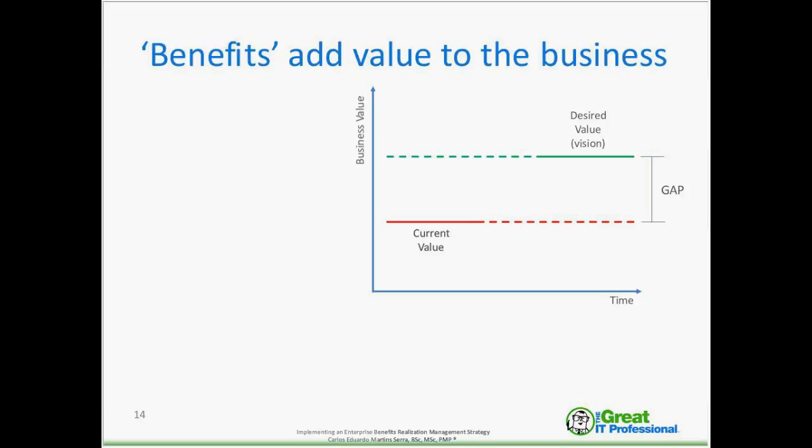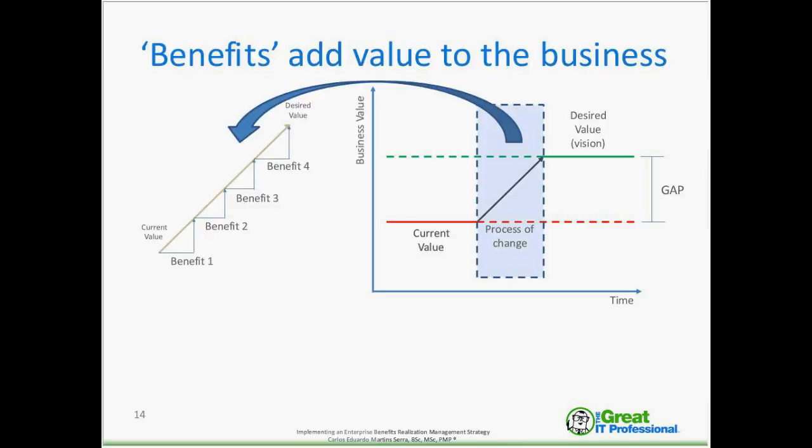You could say, okay, but what has project management to do with all that? Project management is widely recognized as the best set of practices to manage change. So it can support the management of the journey from current to desired value. We start this journey by having projects delivering outputs.